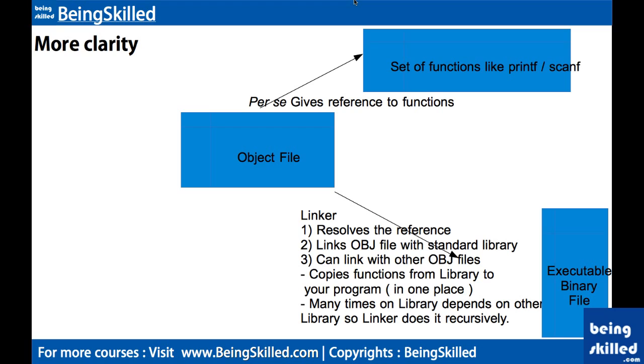We have lots of functions like printf, scanf. These are in the standard library, and to bring them from the standard library, the linker plays a major role, or else the object file just simply gives references to these printf functions which are located inside the standard library.